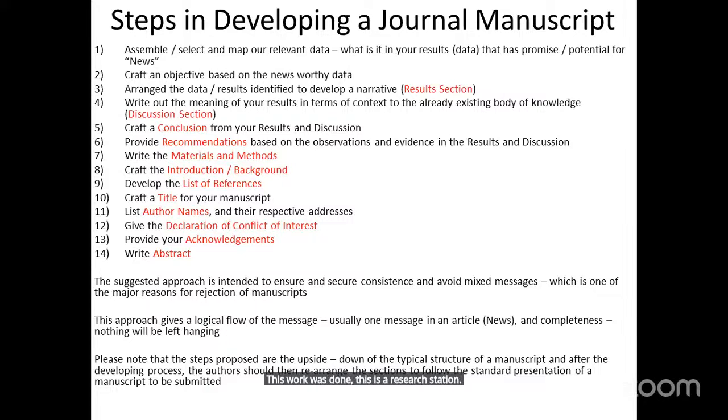Yes, it was from the Reform Network. If you wrote the abstract before the acknowledgement, you would not be acknowledging the network. So this work was inspired by the Reform Network during a training, and this is an opening statement in the abstract. So, friends, this is the step-by-step process in developing a journal manuscript.